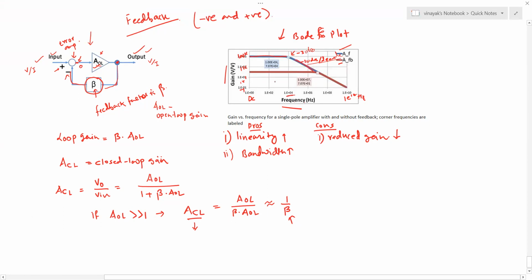Now, if I employ the feedback, the gain has dropped to this value. Okay, and that's the difference between the gain drop. However, my frequency response has been improved. So now the 3 dB point is here. You can see the brown line.